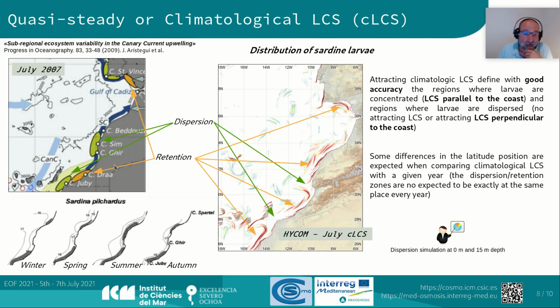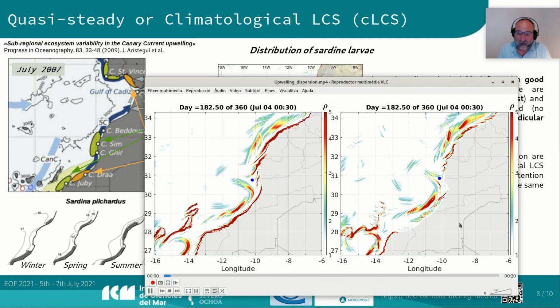These regions coincide very well with the climatological Lagrangian coherent structures, because when we have strong structures parallel to the coast, these act as retention zones for the larvae, and when we have lines perpendicular to the coast, this zone acts as a dispersion zone for the larvae.